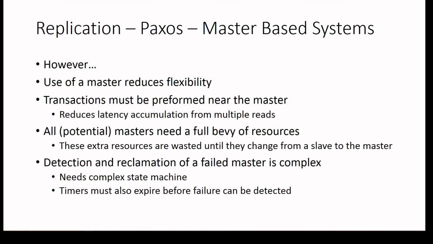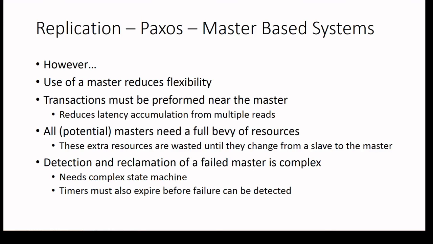However, using this master comes with problems. One, it reduces flexibility. Now you've got to have a master. We talked about masters earlier and why things like asynchronous master-slave relationships weren't used because of all the problems that having a master brings about. So what are some of the disadvantages that having a master brings us? First, transactions must be performed near the master.